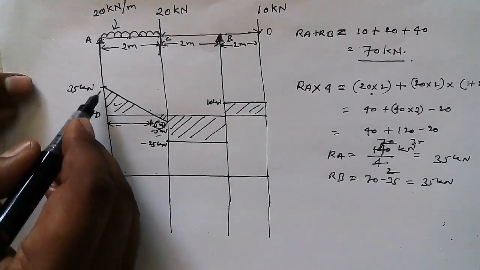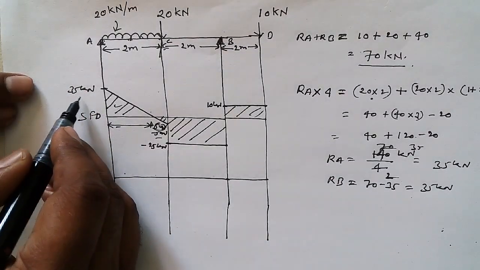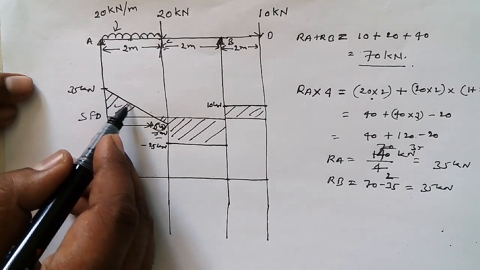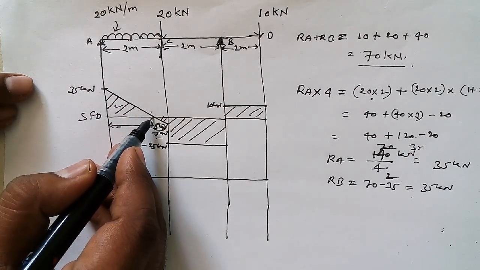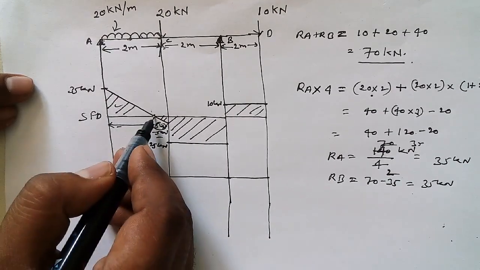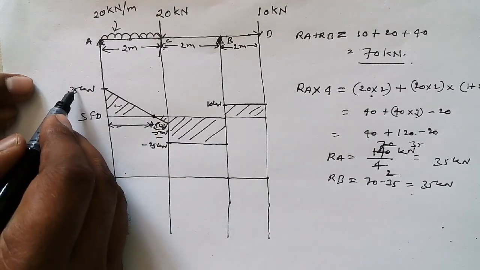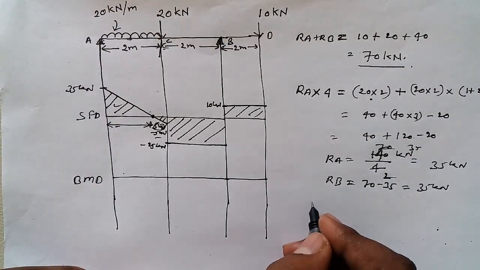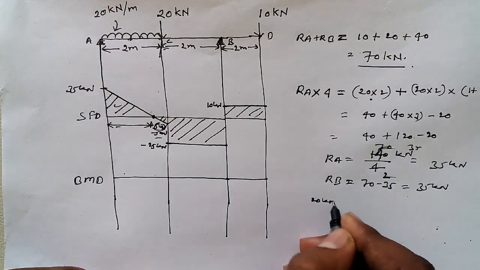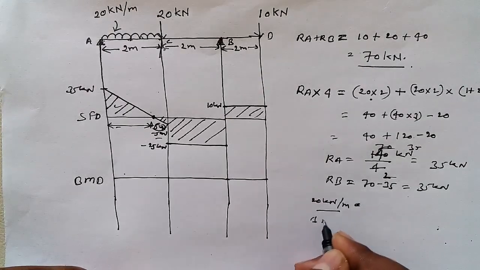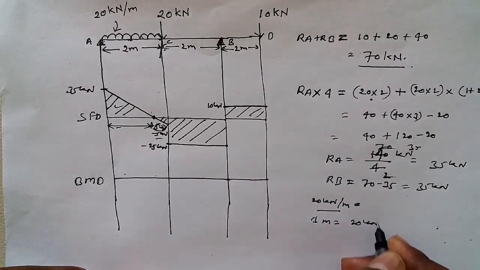Now we are just subtracting from 35, and how much we require to subtract so that the shear force diagram will be on this reference line, 35 exactly. Now come to here, 20 kilonewton per meter, that means 1 meter is equal to 20 kilonewton.